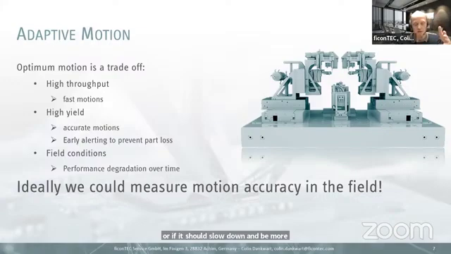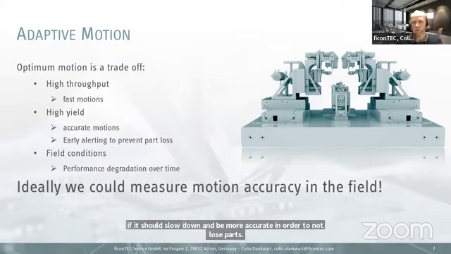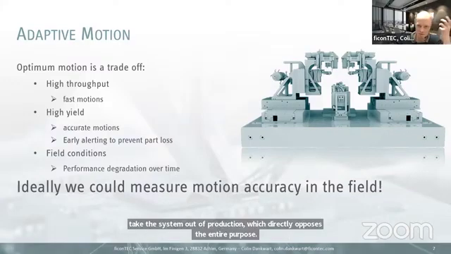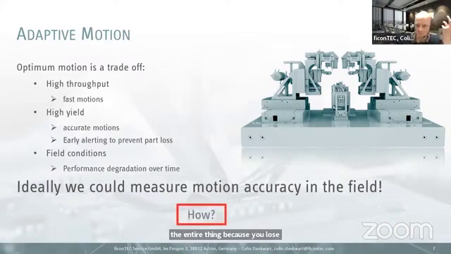However, measuring that in the field would require us to take the system out of production, which directly opposes the entire purpose of the entire thing, because you lose production time that way. So the question is, how do we go about this?